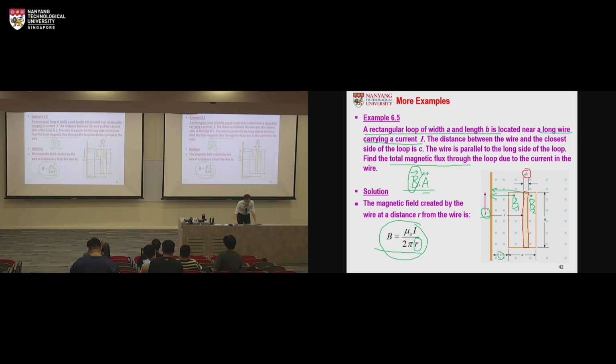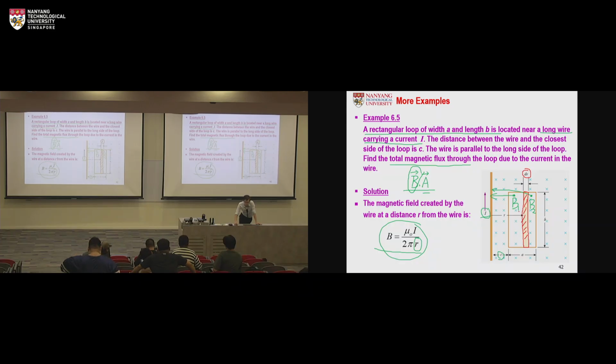Then inside this tiny section, we can consider B uniform, right? And that is to say, we should be able to apply B times A directly to figure out the flux inside this tiny section.